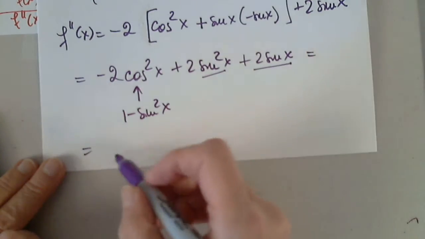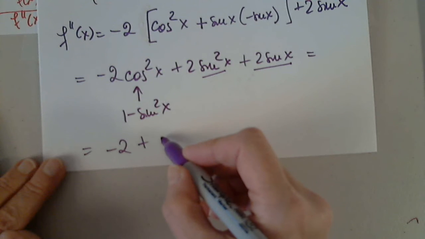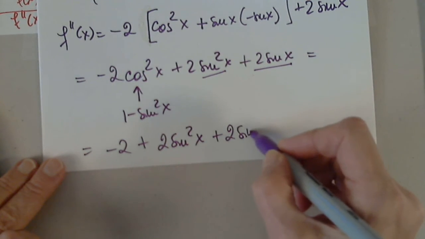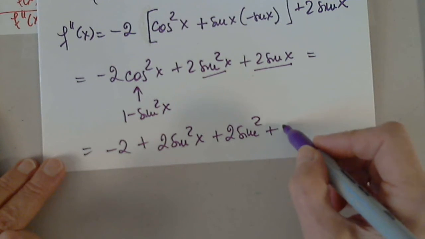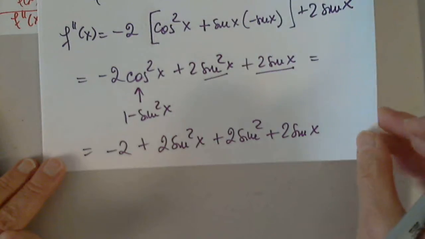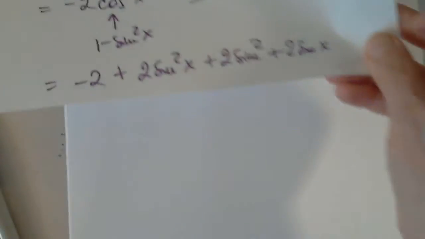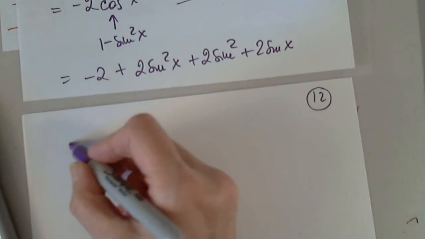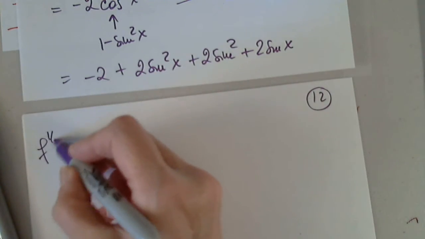Okay, I distribute -2 plus 2 sine squared plus 2 sine squared plus 2 sine x. Nothing works here. Ugly.